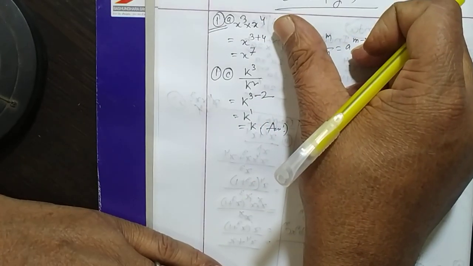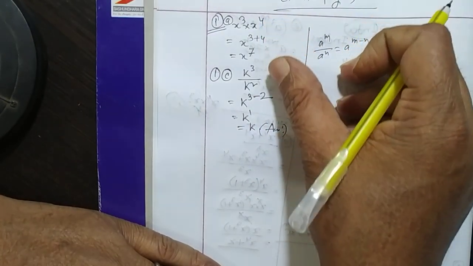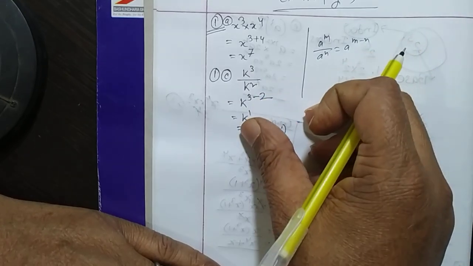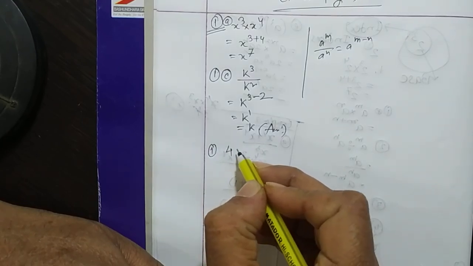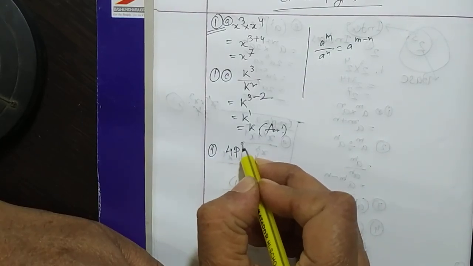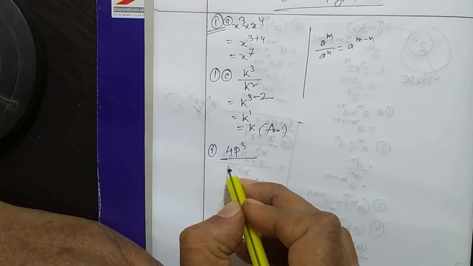So one is our multiplication rule, another one is the division rule. Now 1D is also important, where we work with the constants given here.